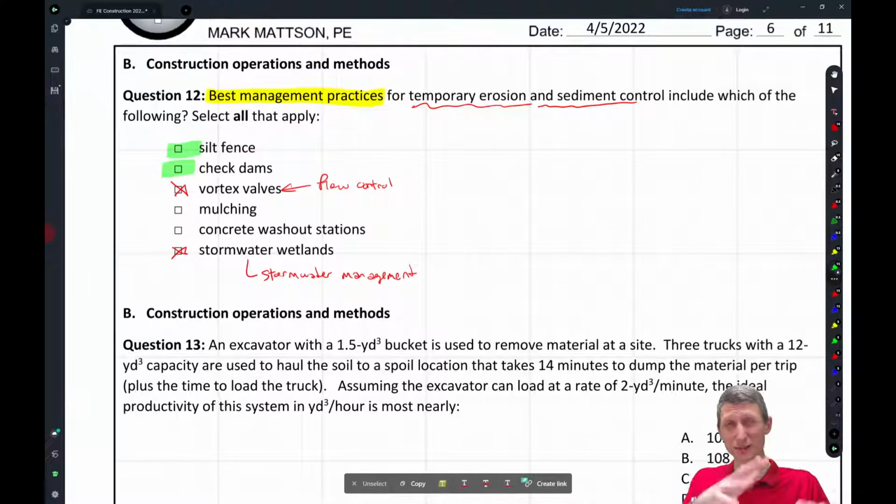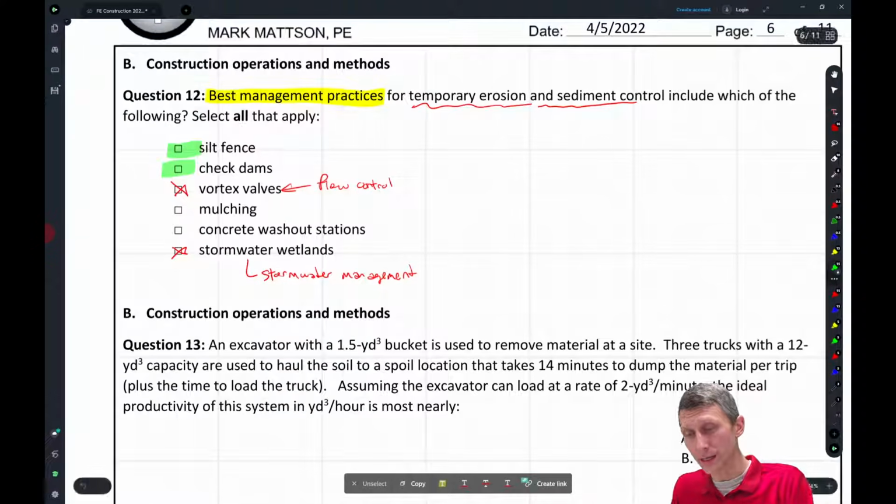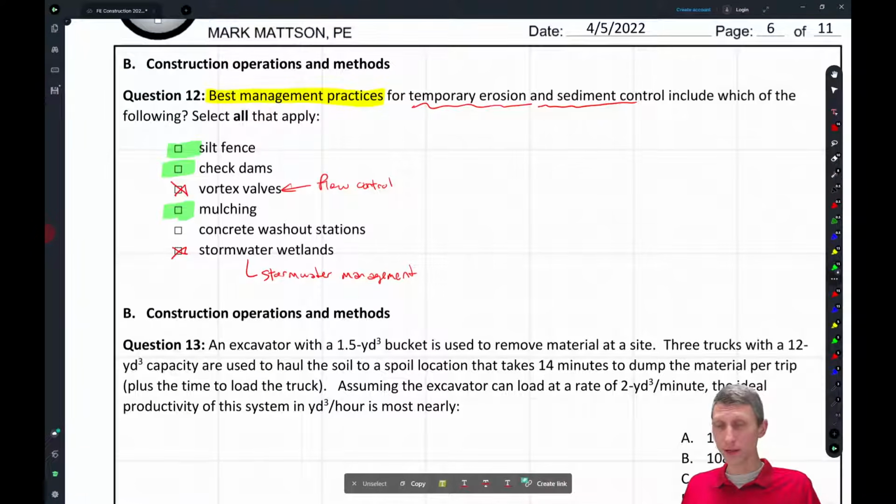It does help on slopes as well, but specifically on flatter surfaces, mulching is a great idea. It's cheap, it's easy to distribute the straw everywhere, and it does a lot of good for protecting and slowing down that runoff, and also eliminating those initial amounts of erosion. And then concrete washout stations.